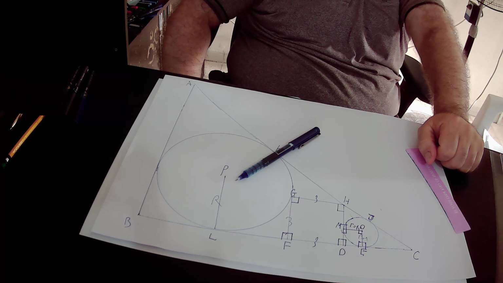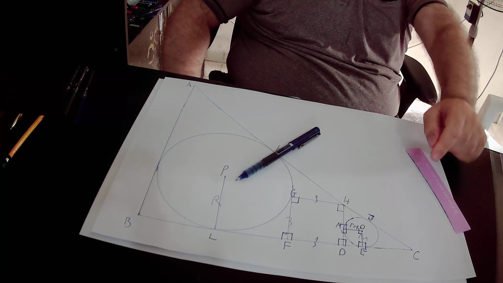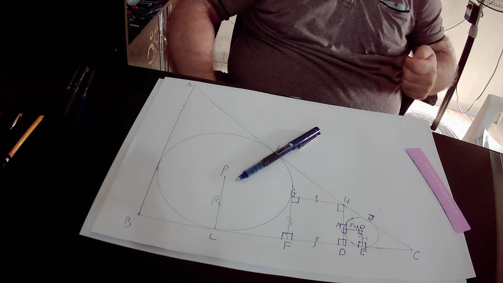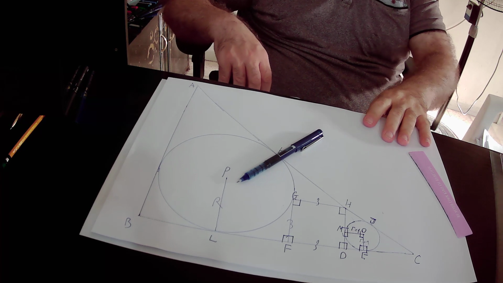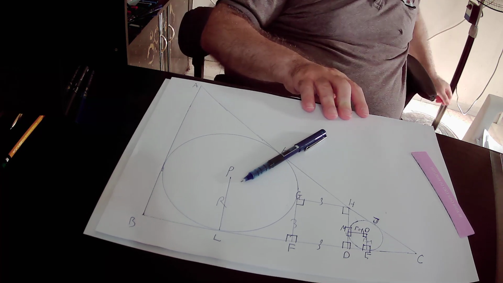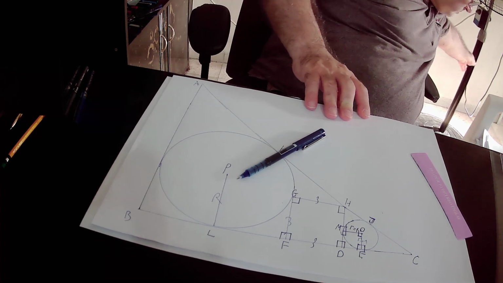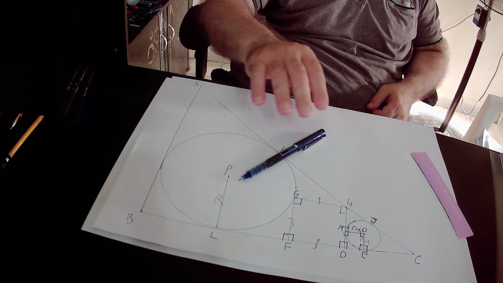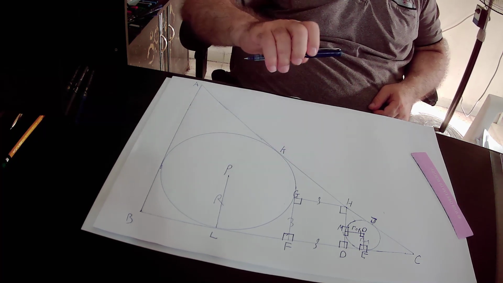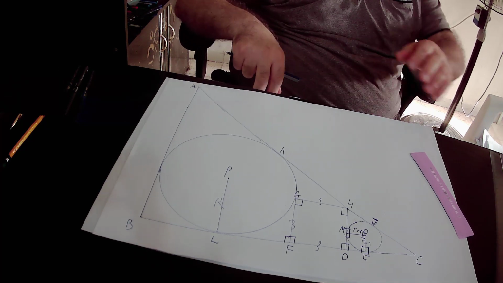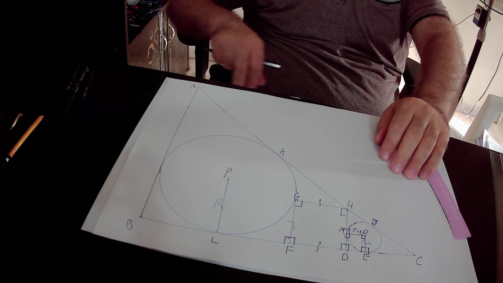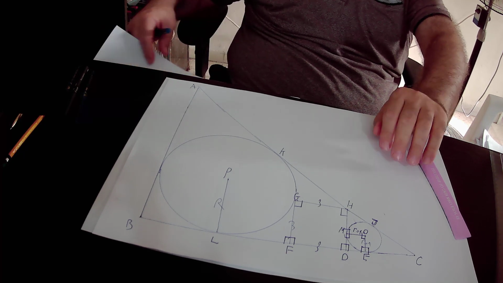So inside quadrilateral OMDE, we have 4 right angles. And any quadrilateral that has 4 right angles must be at least a rectangle, if not a square. So we relate to quadrilateral OMDE as a rectangle because it has 4 right angles.